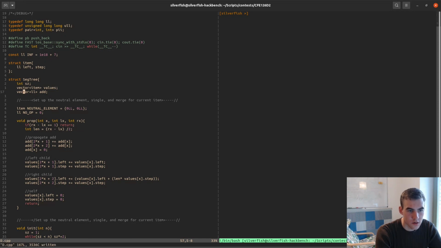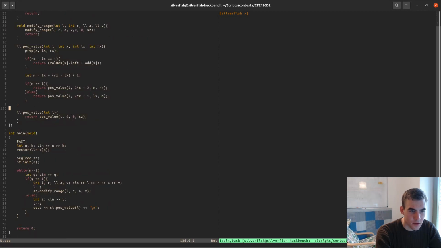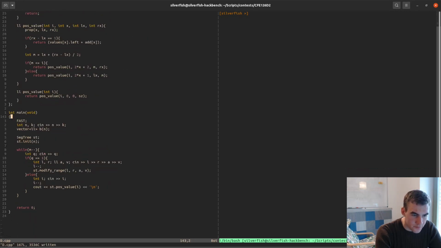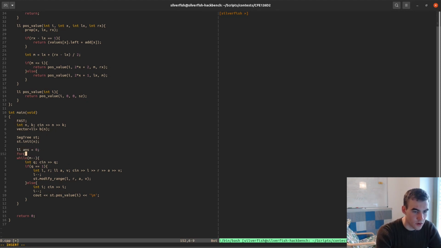It does store longs, okay. There are n items in my segment tree. This is very old segment tree code, but it definitely works. And what I do is I have ans equals 0.